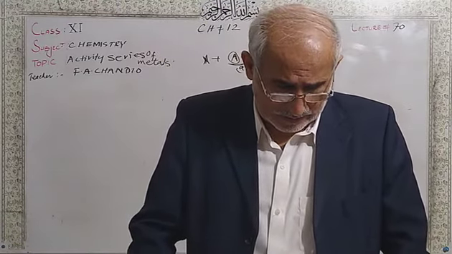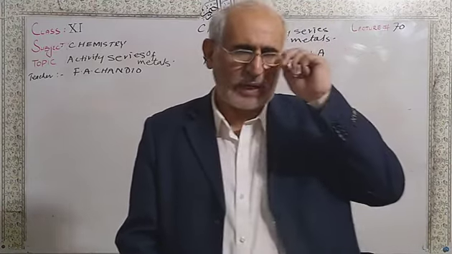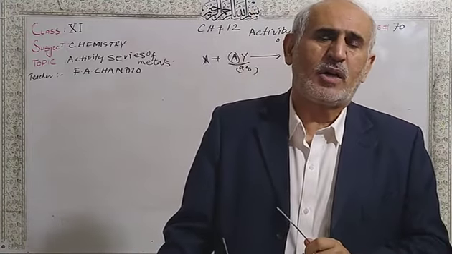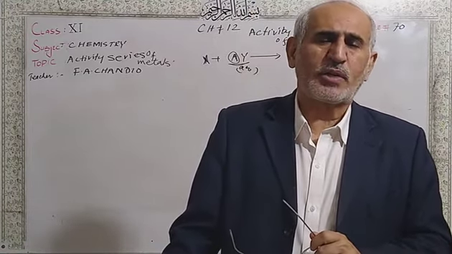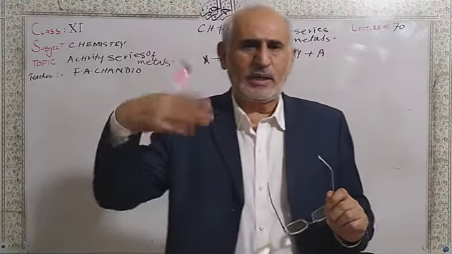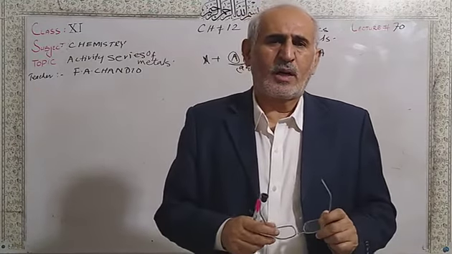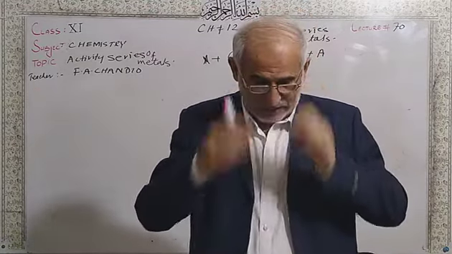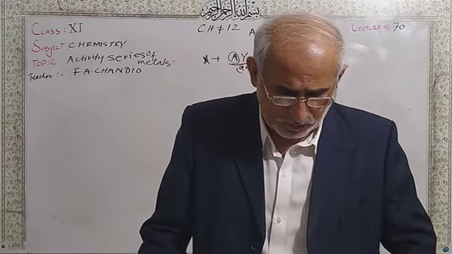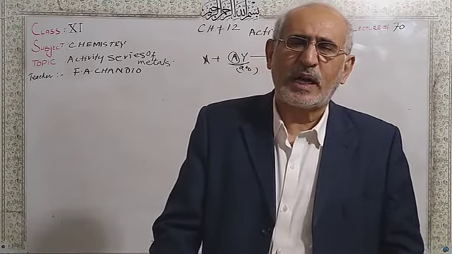They react with steam, meaning when you pass steam over these metals at high temperature, they react with the water to form hydrogen gas. Hydrogen is displaced from water by the metal under boiling heat, steam, and with acids to liberate hydrogen gas.